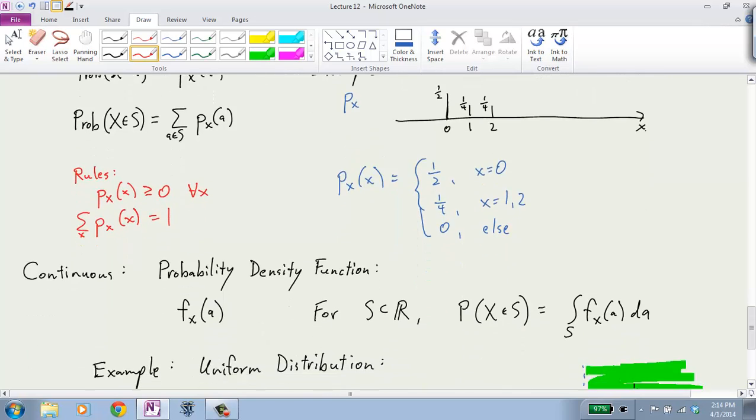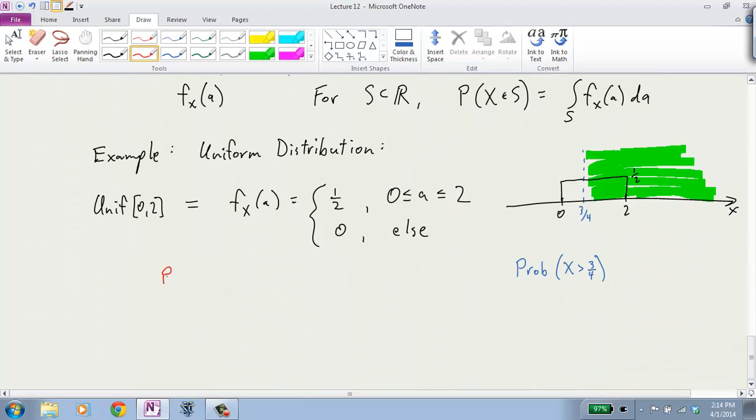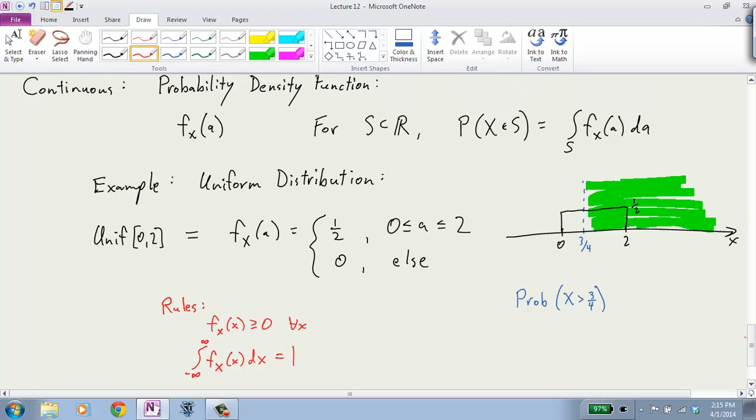And the density is very similar. The rules for a density function f: it also can't be negative, and the integral has to be 1. It's just saying the total probability is 1. Again, any function that satisfies these two things would be a valid probability density function. It would define a distribution for a random variable.